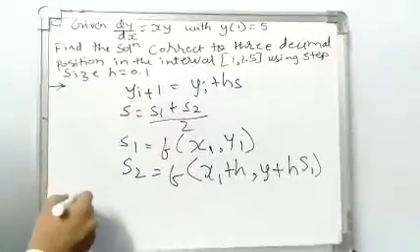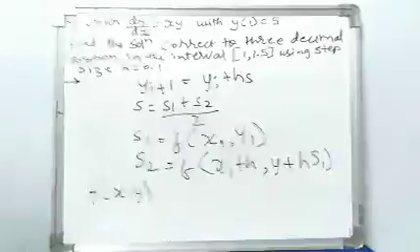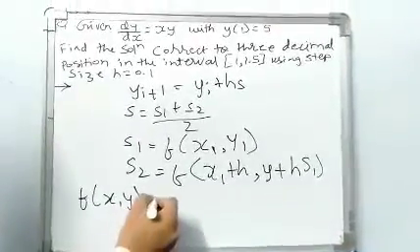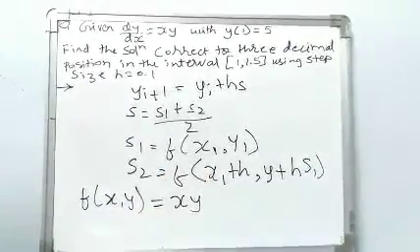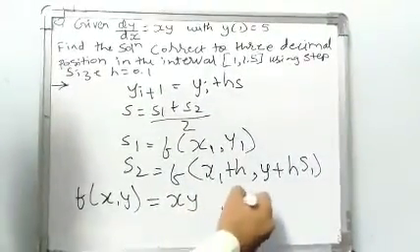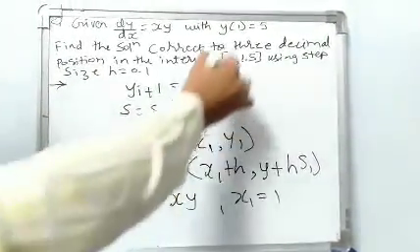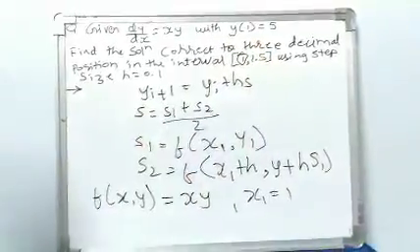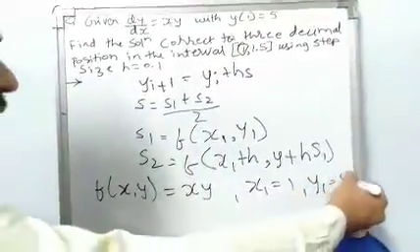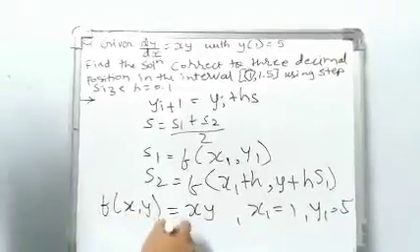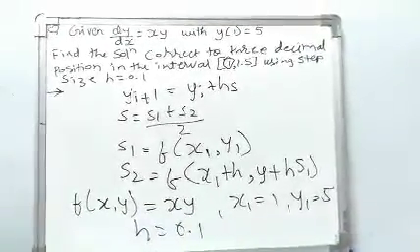Now in this given example, f of x comma y is xy. So x1 is equal to 1, y1 is given as 5, and h, the interval, is 0.1.